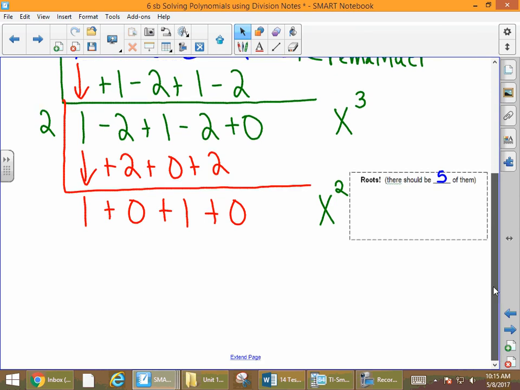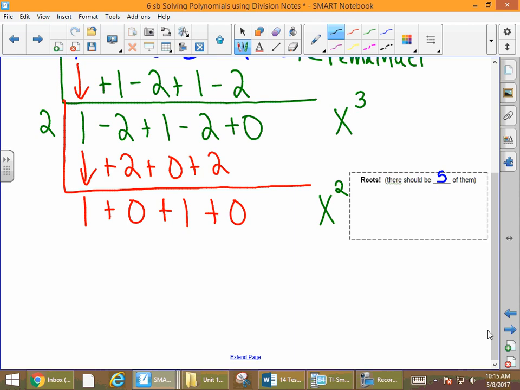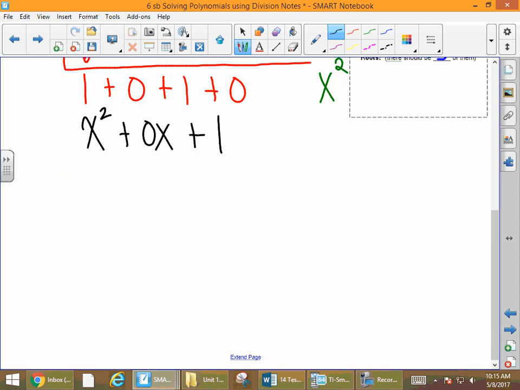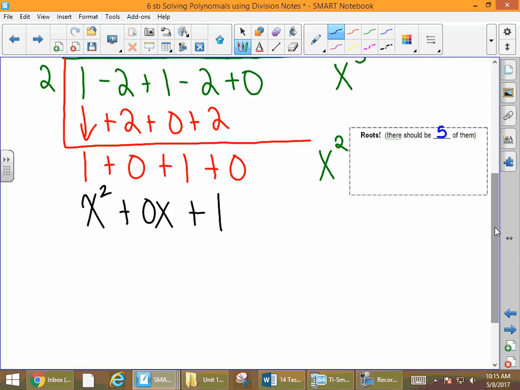And we can put our variables back into our polynomial, and we get 1x squared plus 0x plus 1. And typically what I would ask is, do we really need that 0x? No. So what we're going to solve is x squared plus 1 equals 0.